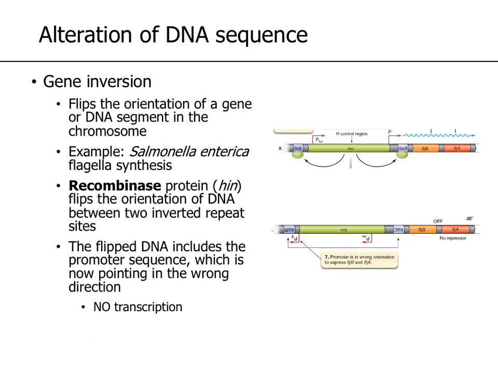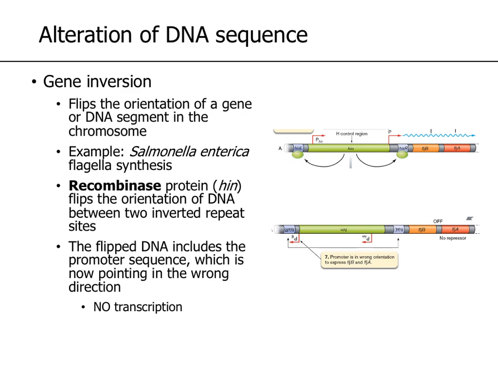Okay, so we'll start off in the beginning with altering the DNA sequence. One way that bacteria can alter its actual DNA sequence is through gene inversion. Like the name sounds, it actually flips the orientation of the gene within the DNA itself.